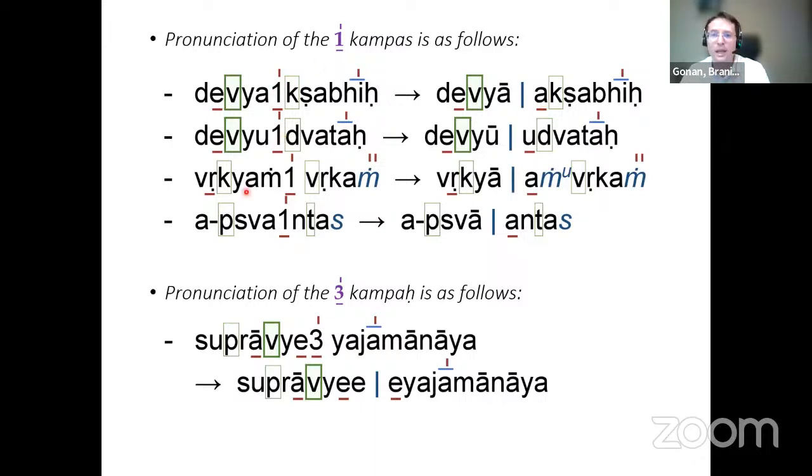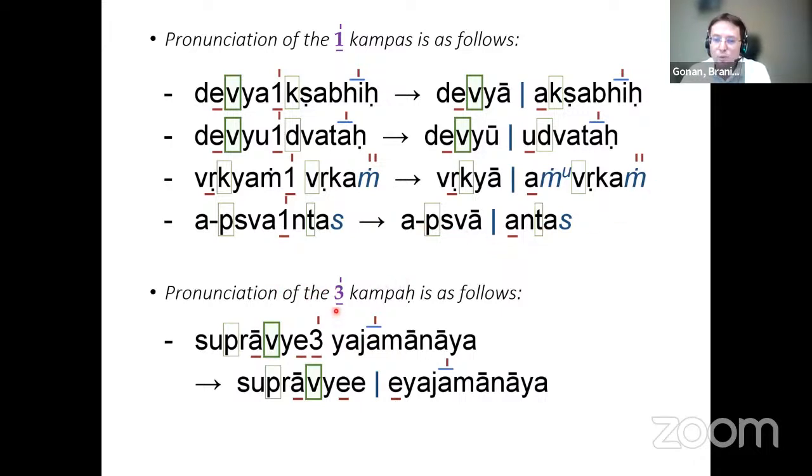Devya akshabhihi, devyu udvataha. But here, it's not vrkyam, it's vrkya. But then the consonant comes together with the anusvara in the second word. So it is vrkya, anvrkai. So it's not vrkyam, anvrkam. It's vrkya, anvrkai. Okay.